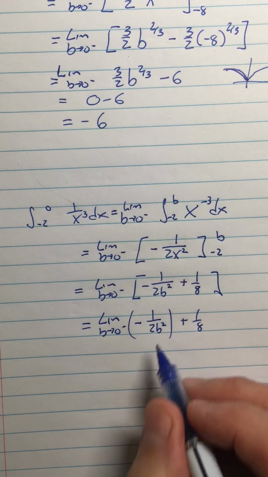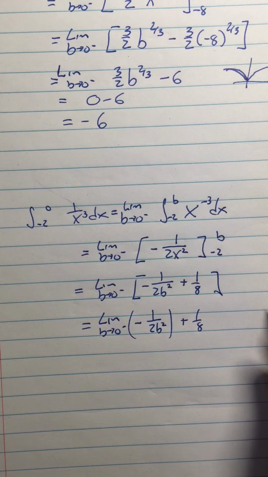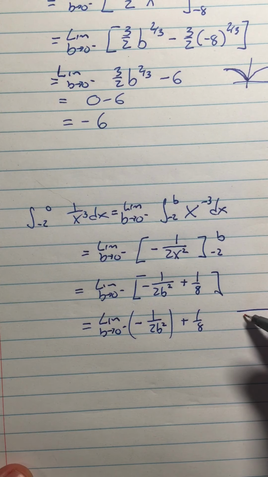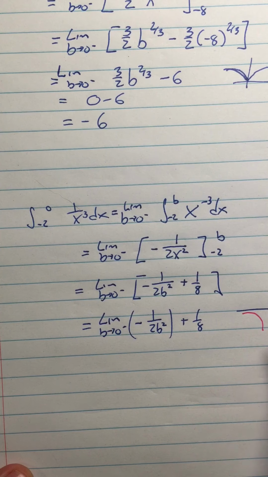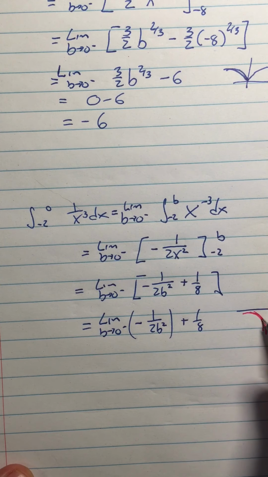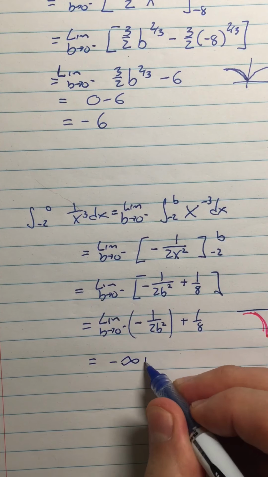So this limit is approaching infinity, which is kind of interesting to think of in terms of a graph. Negative 1 over 2b squared is going to look like this. So it's an even asymptote. So as b approaches 0 from the left, negative 1 over 2b squared is going to be approaching negative infinity. So this is negative infinity plus 1/8.